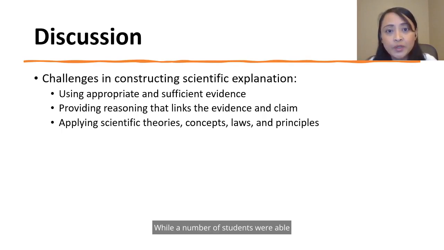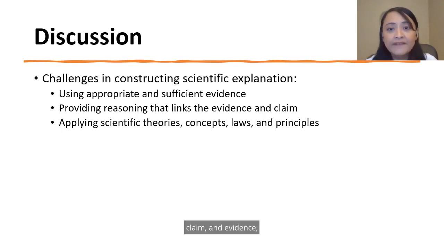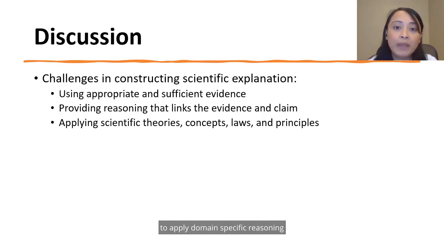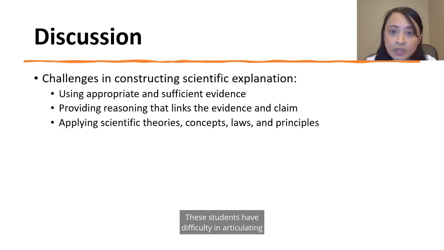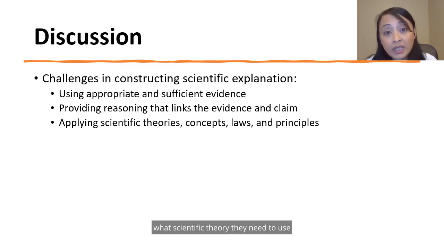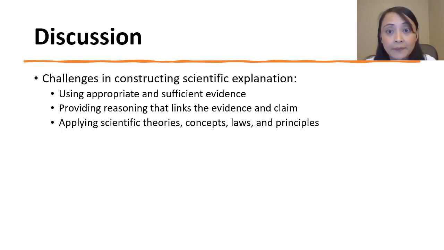While a number of students were able to show domain-general reasoning, such as by clarifying the link between the phenomenal claim and evidence, very few students were able to apply domain-specific reasoning using relevant scientific theories that support this link. So these students have difficulty articulating what scientific theory they needed to use to answer the questions or to select evidence to determine the answer.